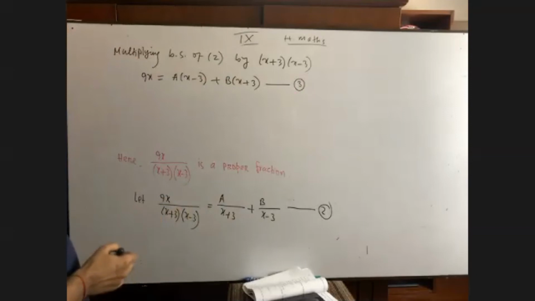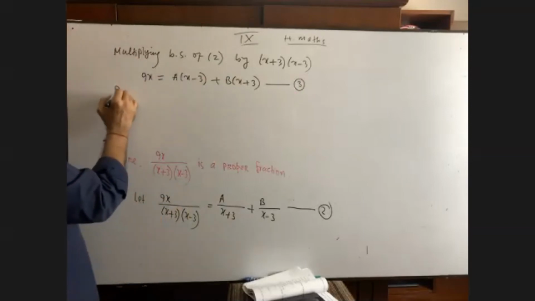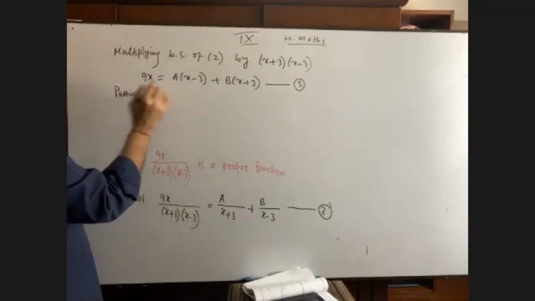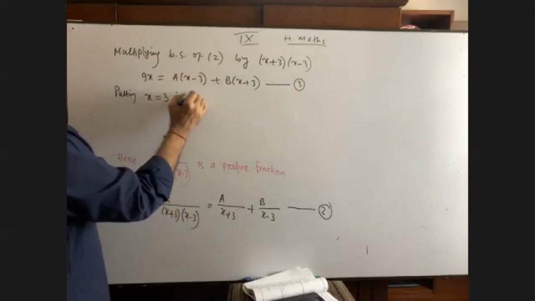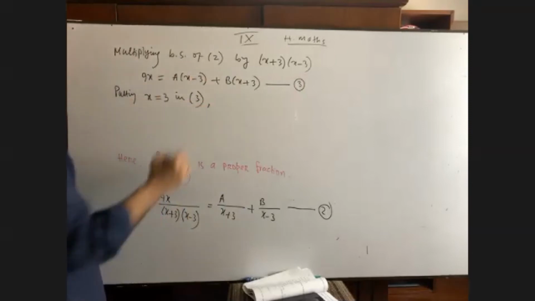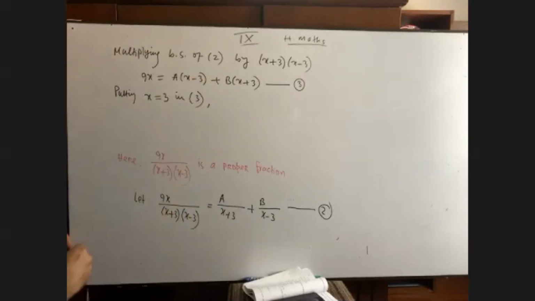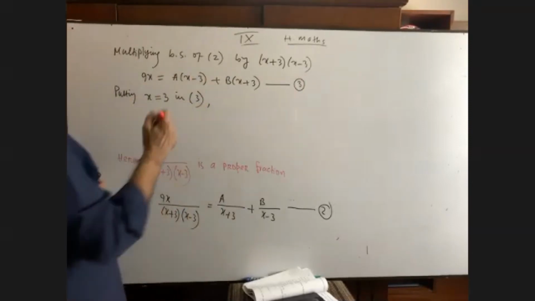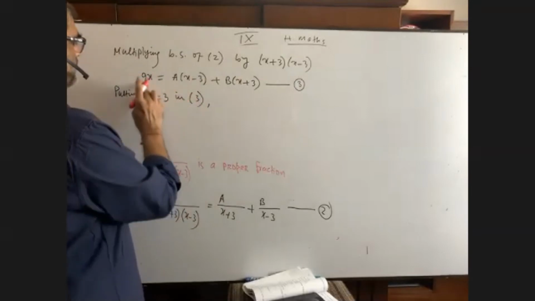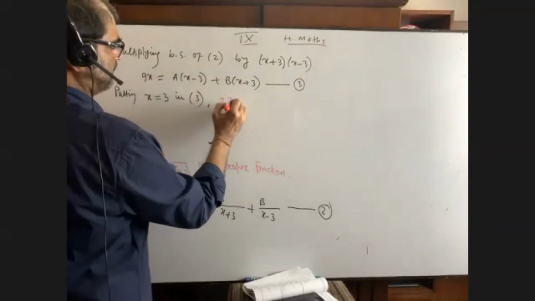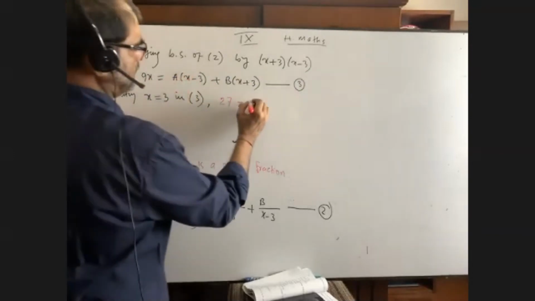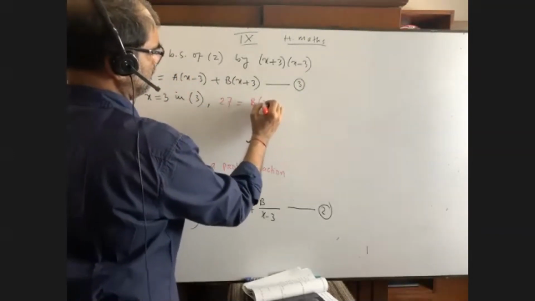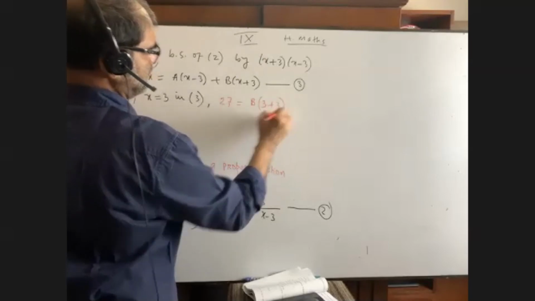Can you put the value? Putting x equals 3 in 3, we get 3 into 9, 27, is equal to 0 plus b into 3 plus 3.